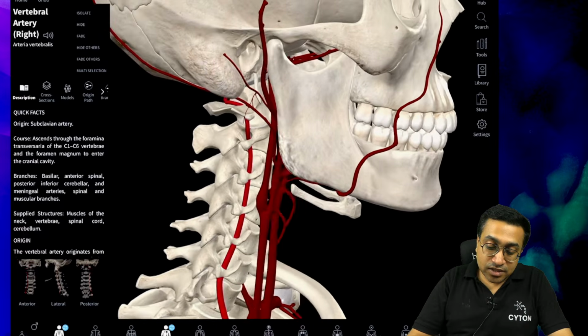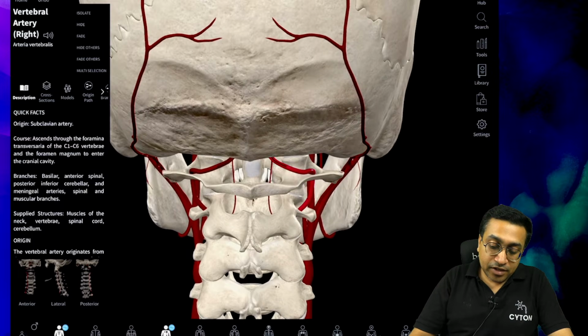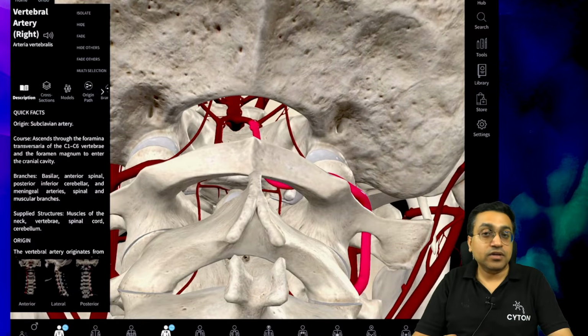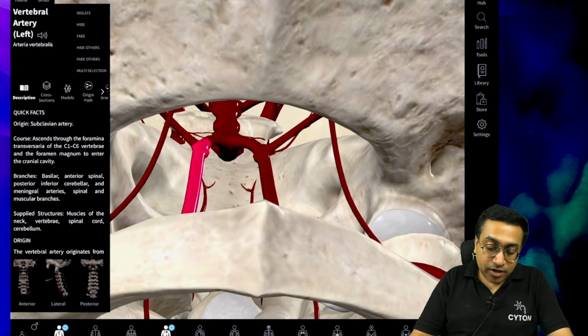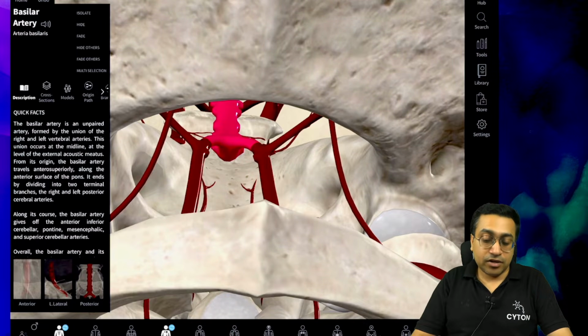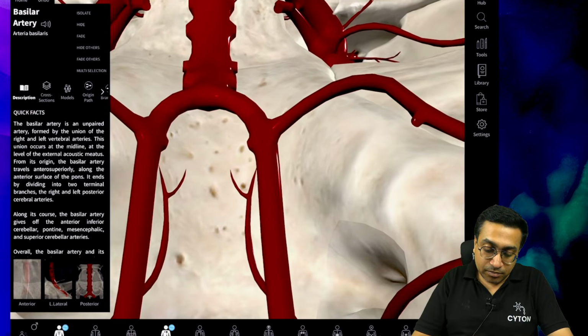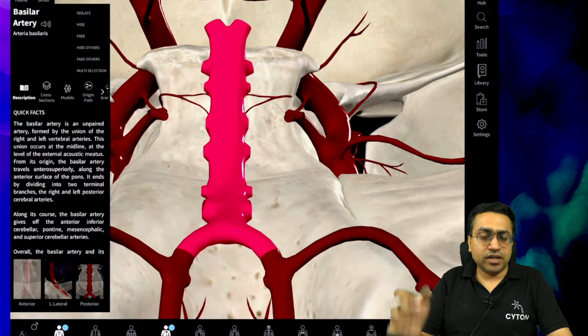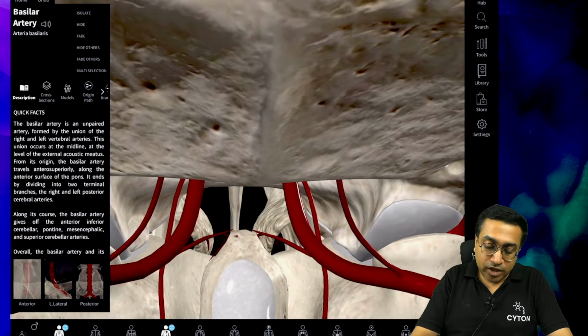So you can see this is entering inside the cranium. Can you appreciate this? On either side this vertebral artery unites to form this basilar artery. If I just enter inside the cranium, you can see this is the basilar artery, which we will study in detail later on, in neuroanatomy and everything.